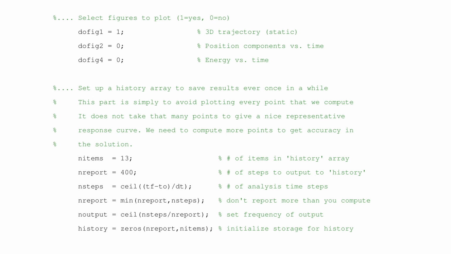Here, the one thing that you're going to want to remember is for the n items variable, for the history array, when you're initializing the history array, later, as you update the history array and the information that you want to store, update this value, otherwise it will not run the code.